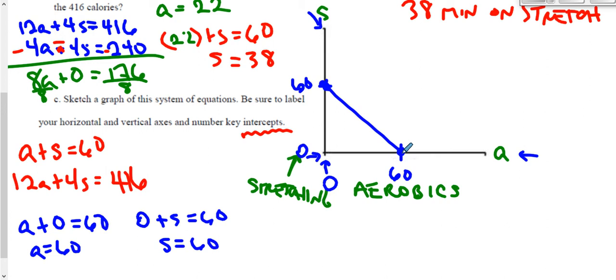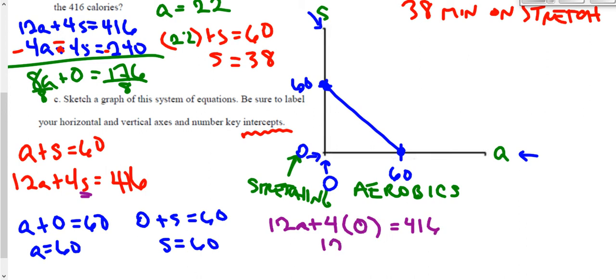Now let's do the same thing for my second equation. We're going to find the a-intercept and the s-intercept. To find the a-intercept, again, my s value has to be 0. So 12a plus 4 times s equals 416, and I'm going to plug in the number 0 for s.